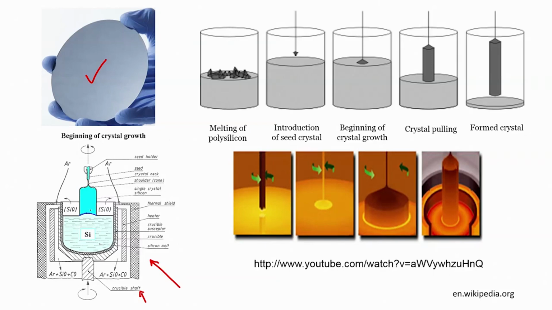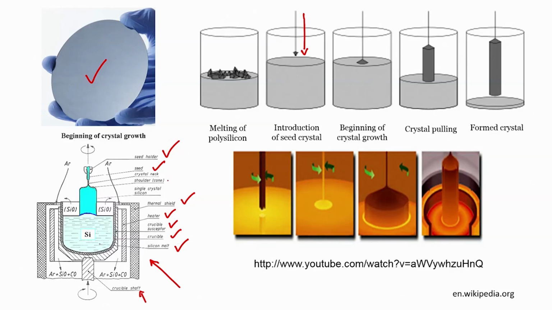Then we add the polysilicon crystals. So, there is a silicon melt, the crucible, a susceptor, a heater surrounding the crucible, and then a thermal shield. Now, we dip a seed holder with a seed crystal into this hot molten polysilicon.